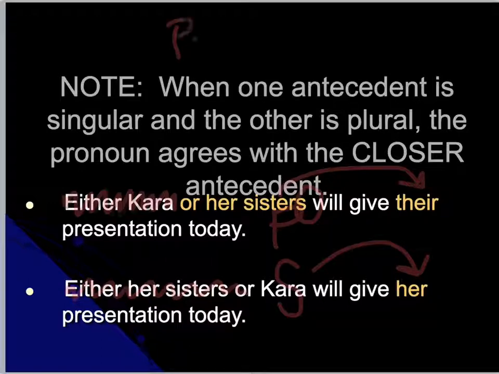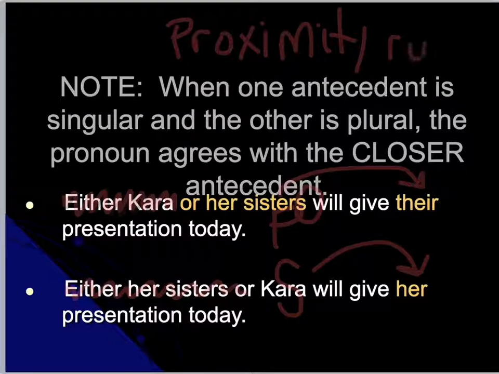What I will refer to this in our lessons as is the proximity rule, with the idea that we're going to look at the antecedents that are in closest proximity to the pronoun. So using the proximity rule, I'm seeing the sisters will give their presentation, or in the second sentence, Kara, who is in closer proximity to the pronoun, will give her presentation.